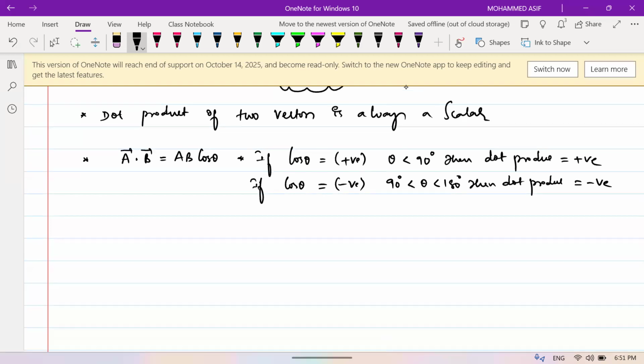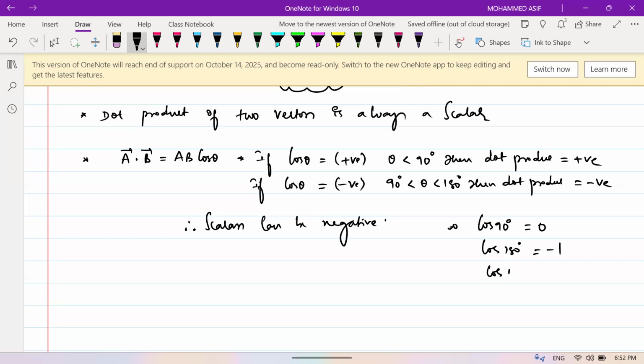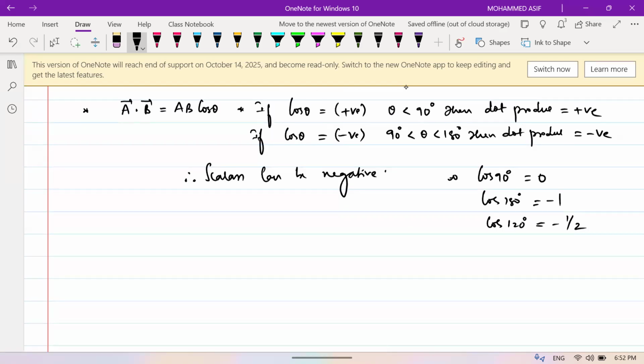Therefore scalars can also be negative. It can be positive, negative, or 0.